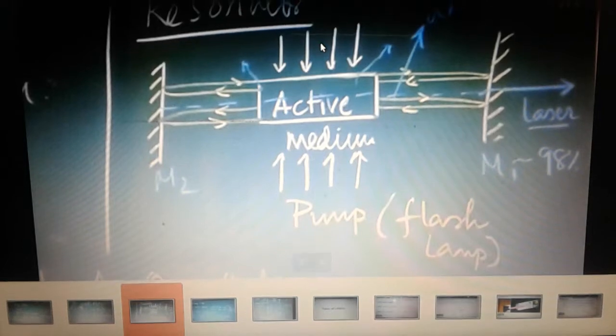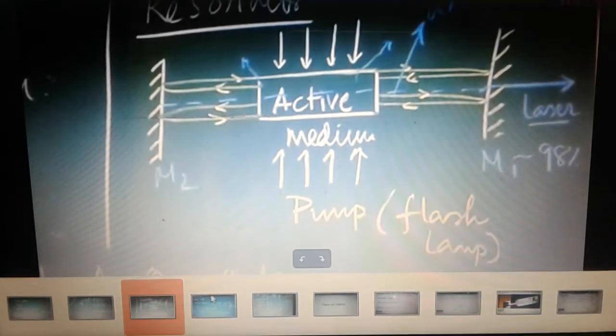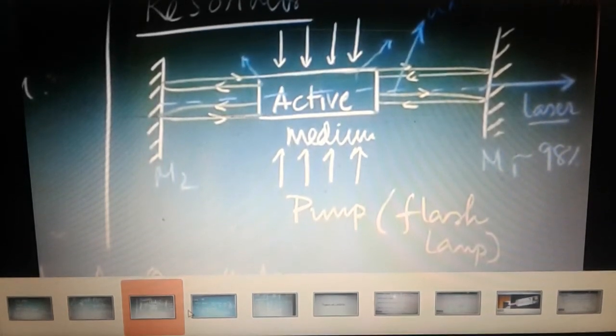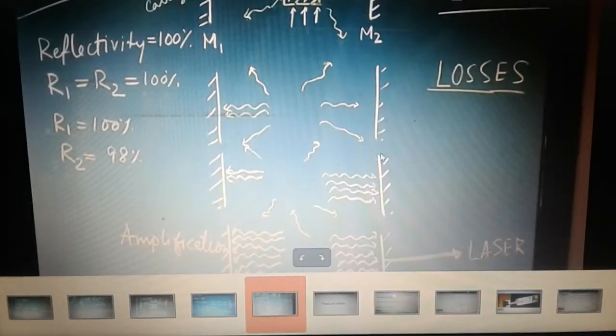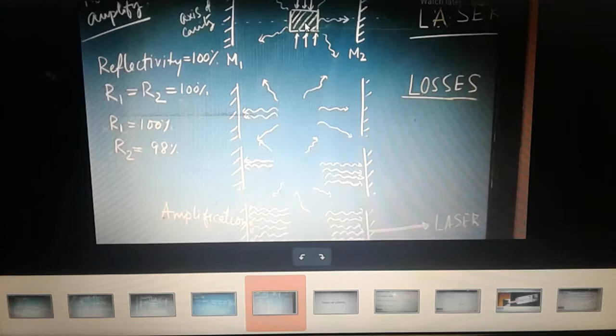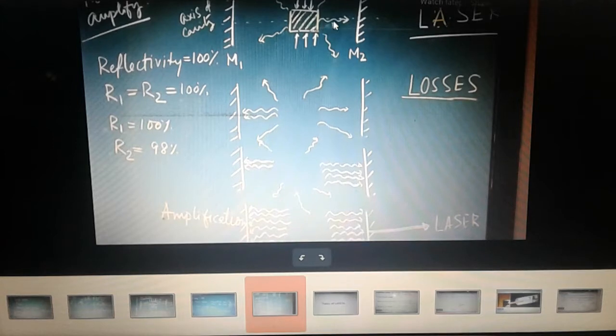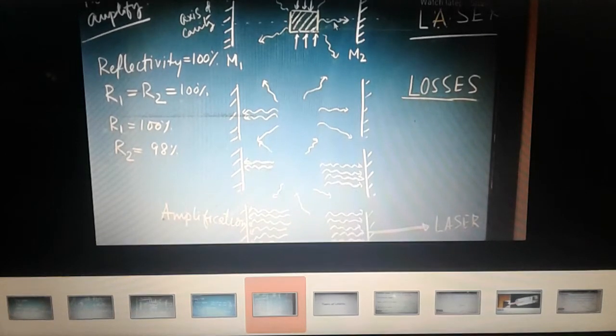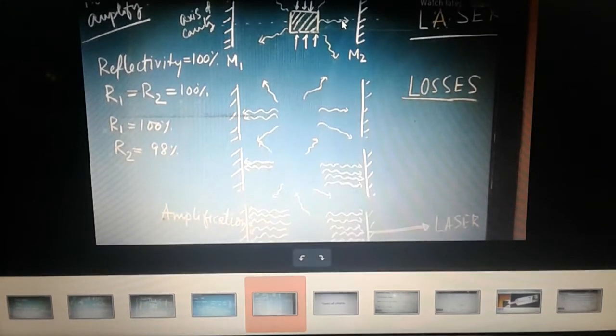So how is amplification achieved? Here this is the active medium, and suppose there is one photon which is moving out of this active medium. When this photon is reflected from M2, it again goes back and passes through this active medium.